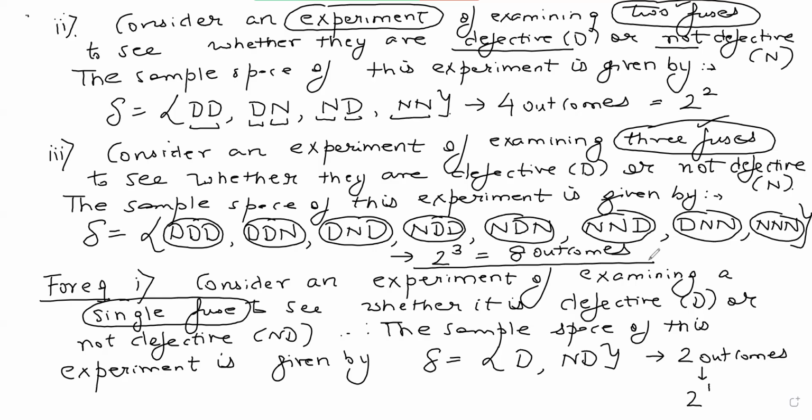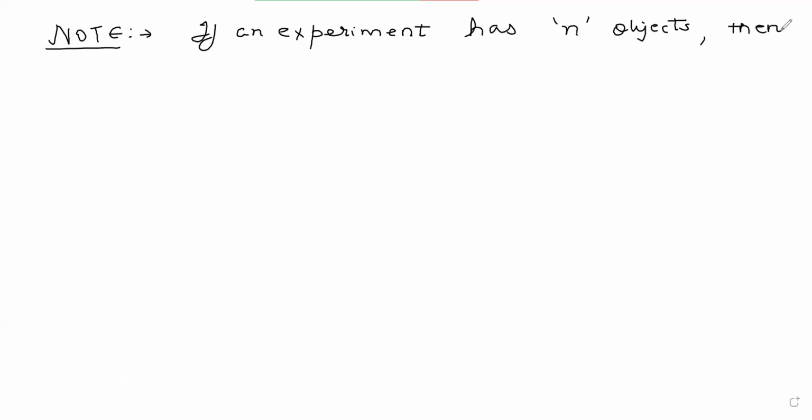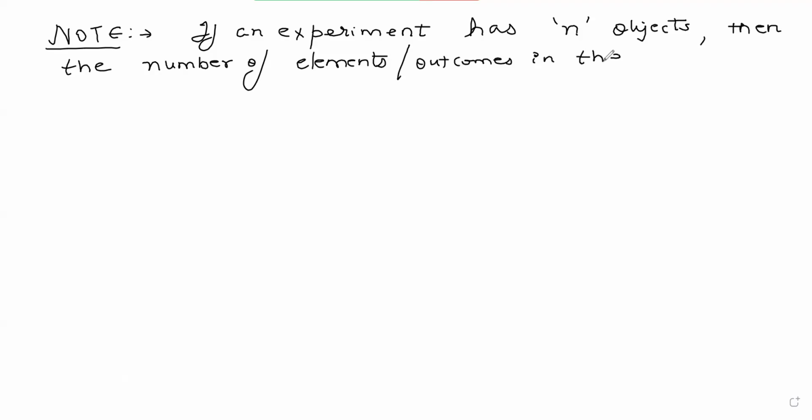So I can erase all this off and I can write a note. If an experiment has n outcomes, let me correct myself, if an experiment has n objects, then the number of elements in the sample space, or outcomes in the sample space, will be 2 to the power n.